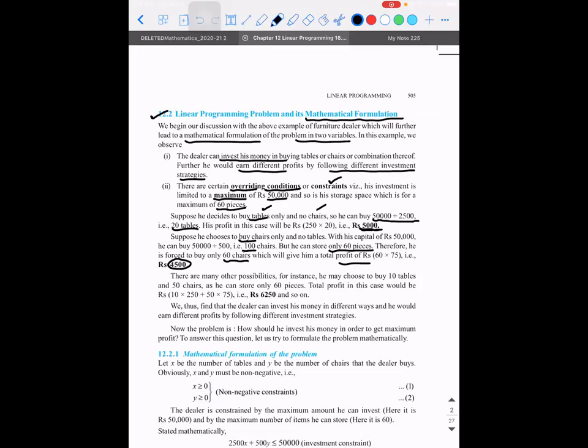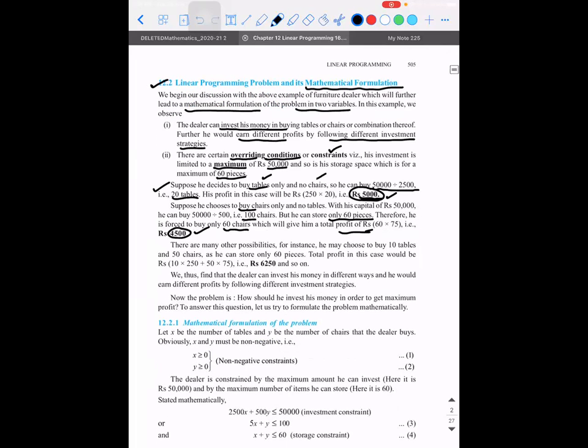Whereas he's planning to buy only chairs. He can buy only 60 chairs where the profit is restricted to 4,500, which is less than this. But still, on a comparative scale, I cannot say 5,000 is the maximum profit he can make, because this is one of such scenarios. Okay, there are many other possibilities. For instance, he may choose to buy 10 tables and 50 chairs.